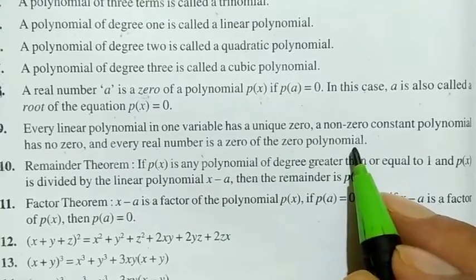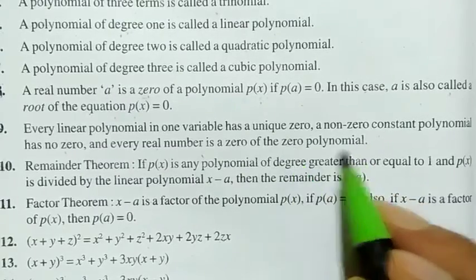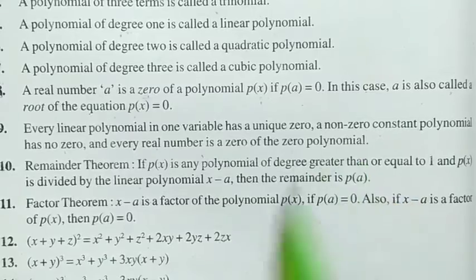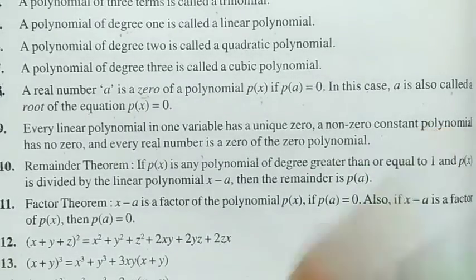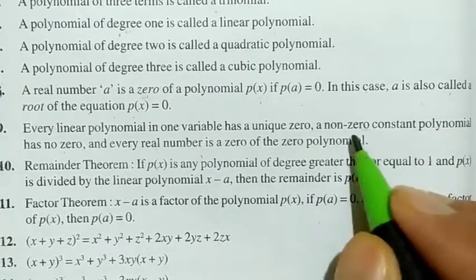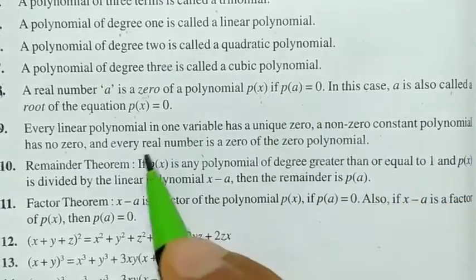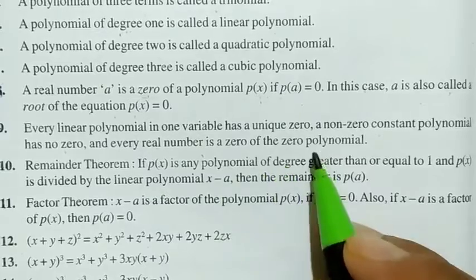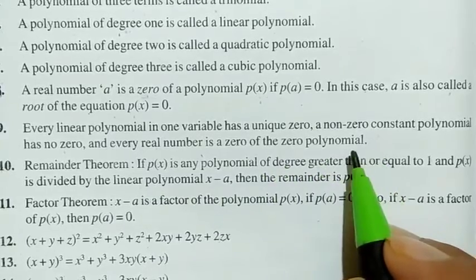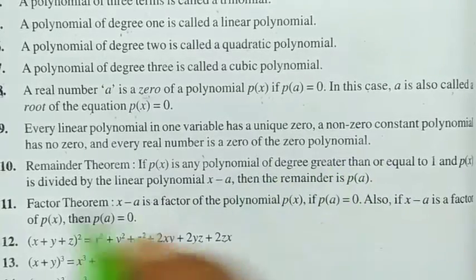Why? Because we will always get 0. Whatever we put for x, 0 times x or 0 times x square, we are always getting 0. So every real number is a zero of the zero polynomial. That's why its degree is not defined.